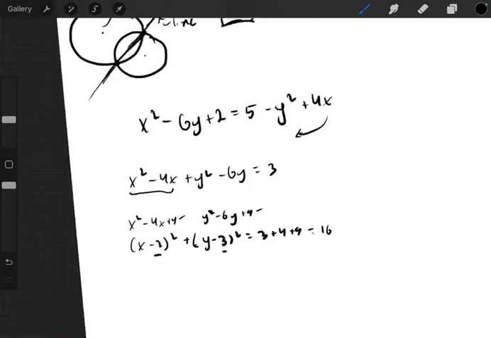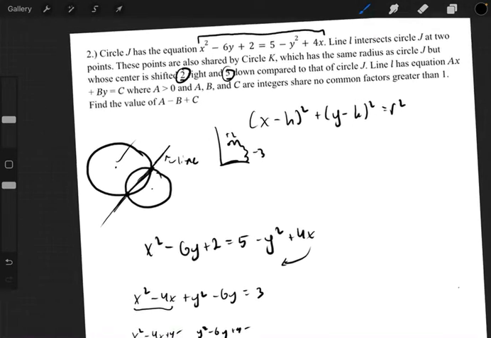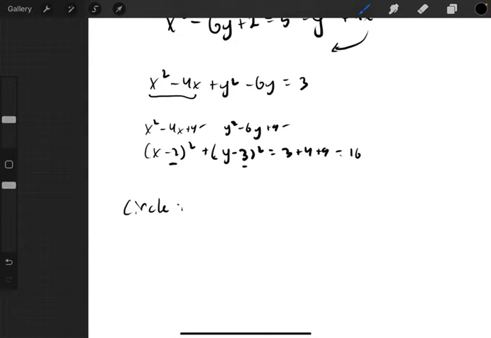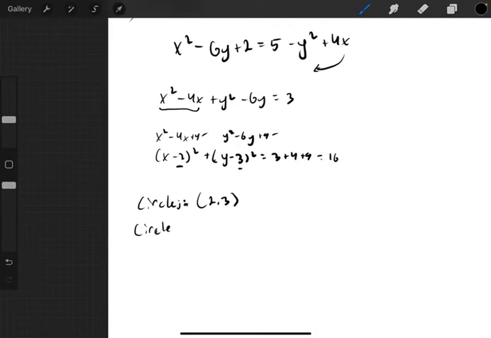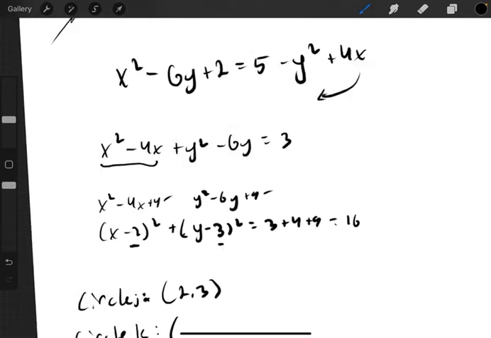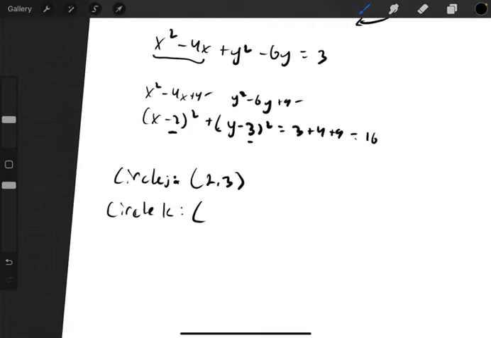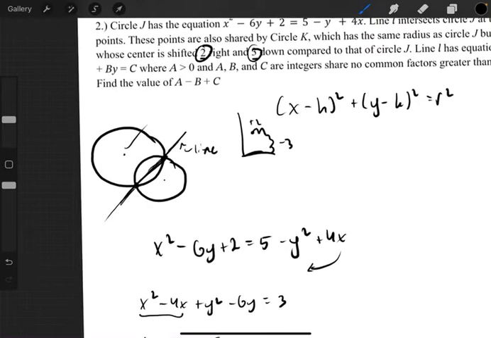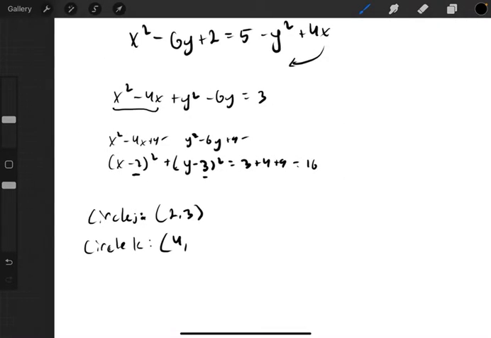If circle J has a center of 2, 3, then circle K will have a center of 2 to the right, so plus 2, 4. 3 down, that's just 0. That is just 0.